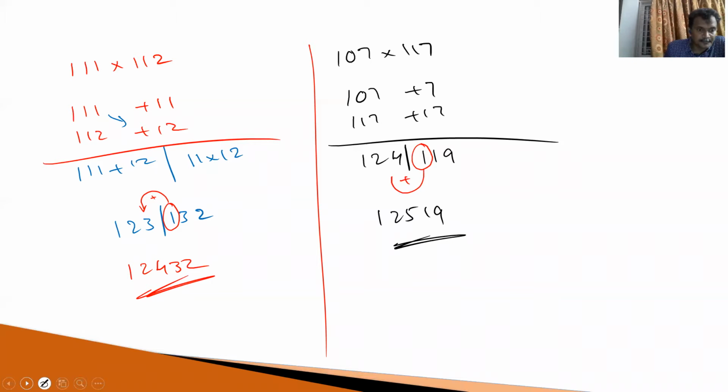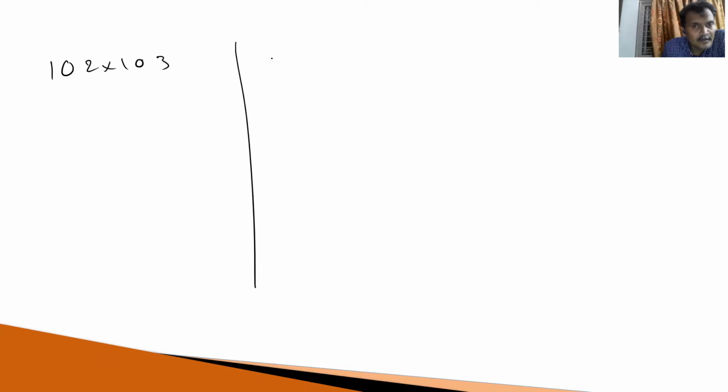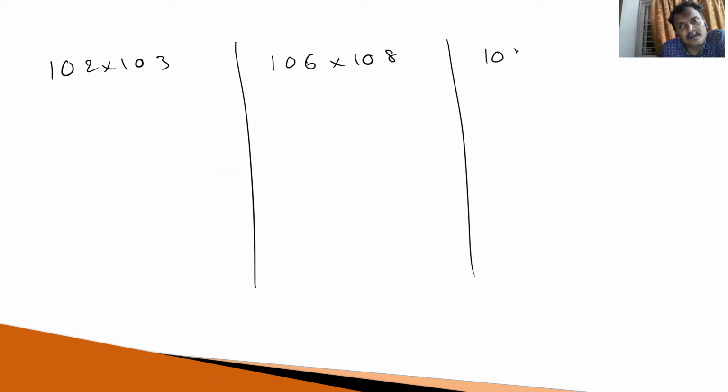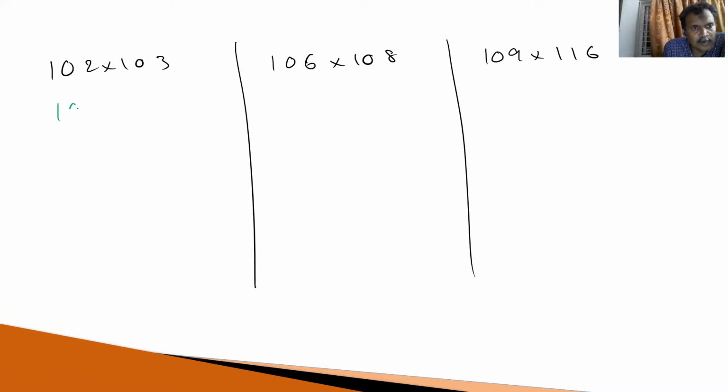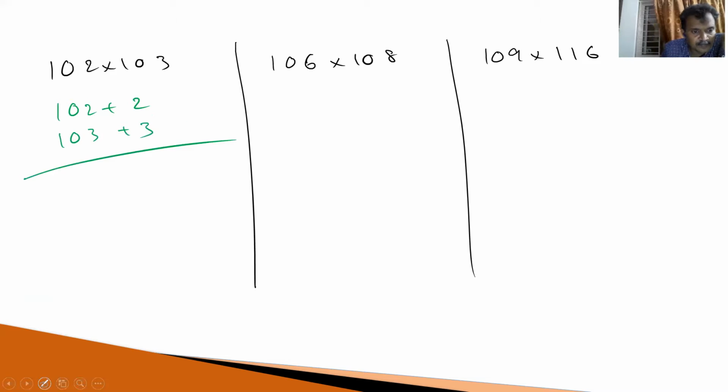Okay. Now, I'm going to explain at a glance. 102 into 103. 106 into 108. 109 into 116. Let us go. See, all of you observe here, 102 plus 2, 103 plus 3, right? So cross sum.